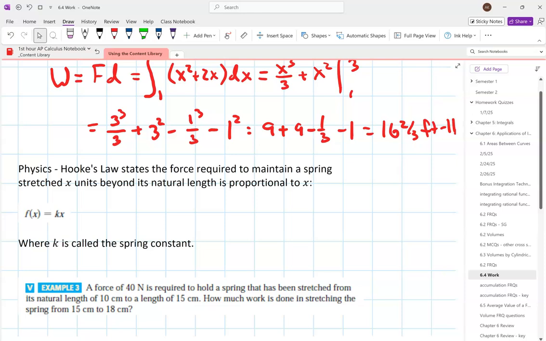So in the case of a stretched spring, force is equal to k times x, where k is the spring constant. It's something specific to the spring you're working with. If you have a really heavy spring, k is going to be really big. If you have a really thin spring, k would be quite small.